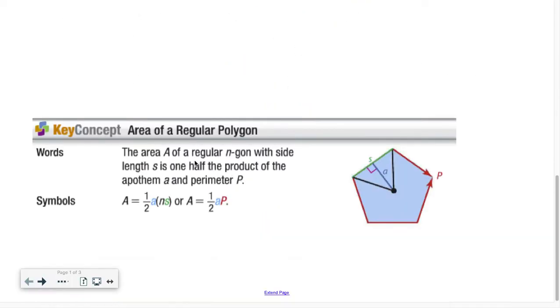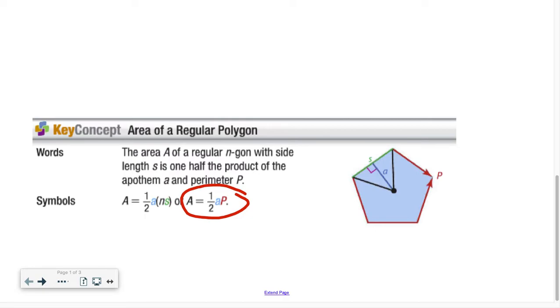The formula for area of a regular polygon, we're going to focus on this one. Area equals 1/2 a p, where a is the length of the apothem, you can see that in the diagram over here, and p is the perimeter of the regular polygon.